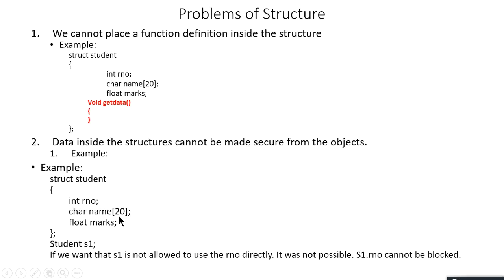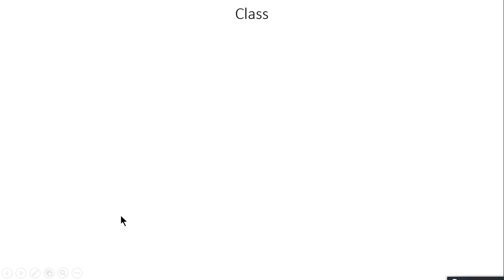If we want s1 to not be able to access the roll number, or the contact number, we won't be able to do that. You won't be able to stop the line s1.rollno from accessing the data of the structures. There were many other problems found in structures, and to overcome them, classes were introduced.